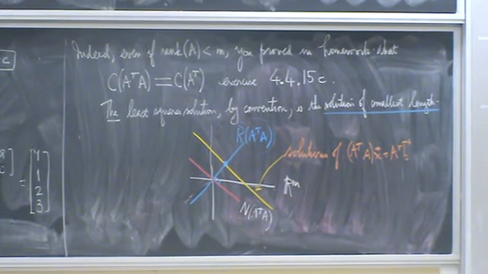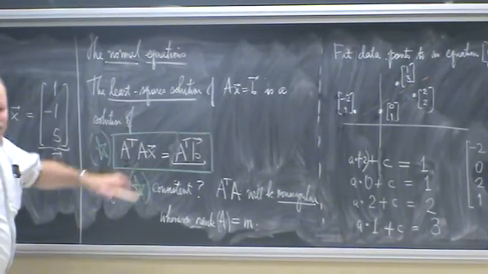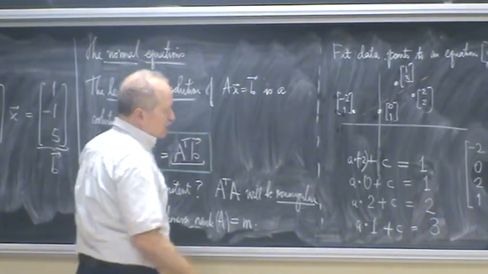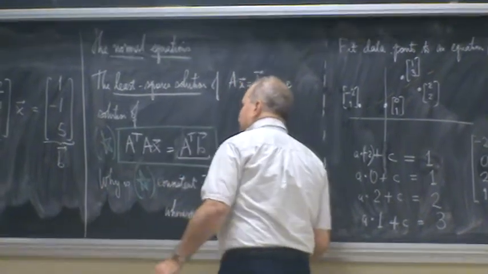Sir, is A still n by m? Yes. Okay. So, having derived this equation, what I propose that we do now is solve our two problems. I apologize for the scattered board work here.